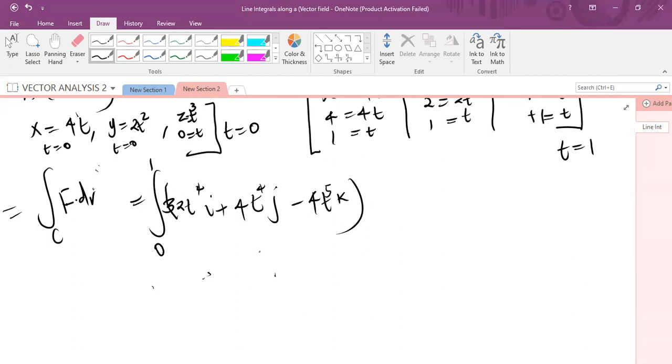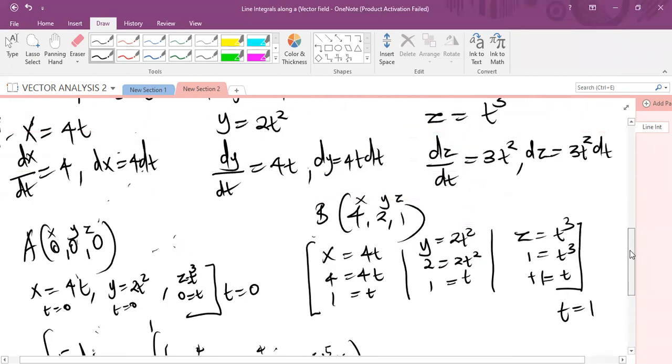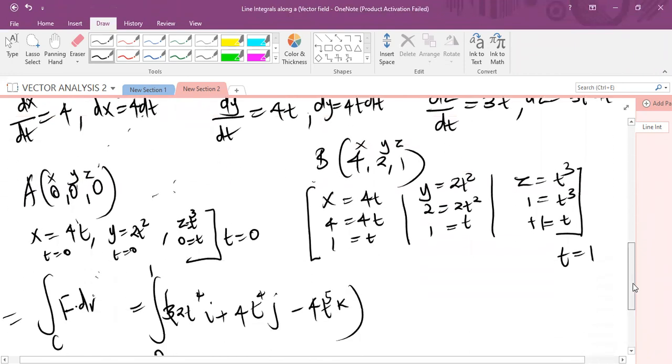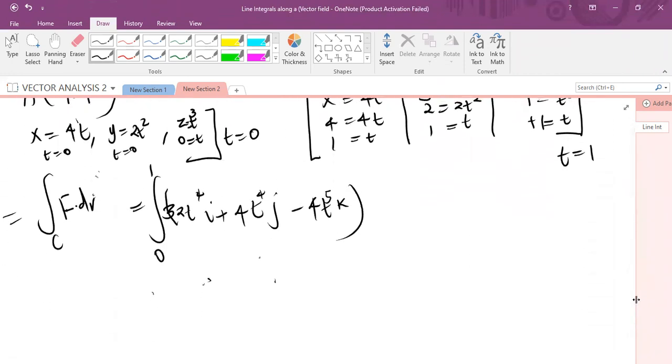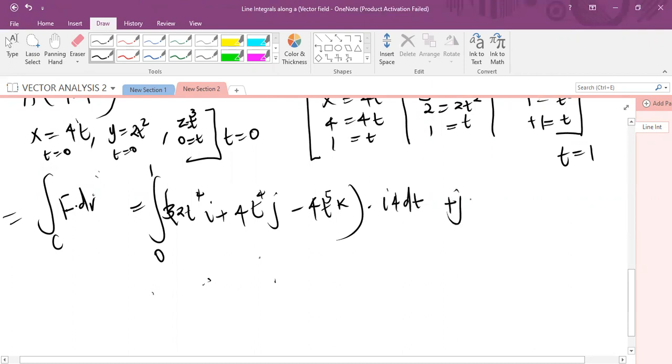Let's just confirm if that's exactly what we had. So minus 4t, yes, correct. Then what did we get for our dr? So our dr with respect to the new variables simply transformed to i 4 dt plus j 4t dt plus k 3t squared dt.